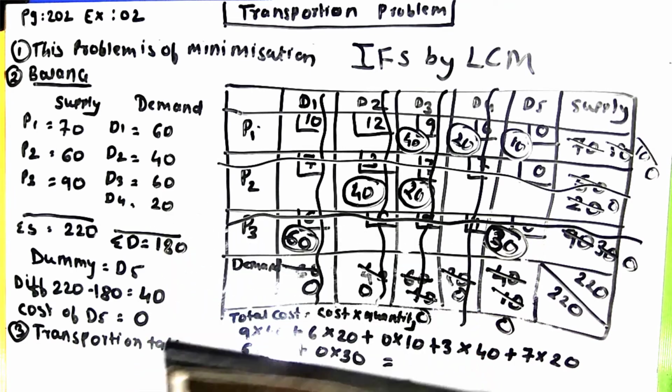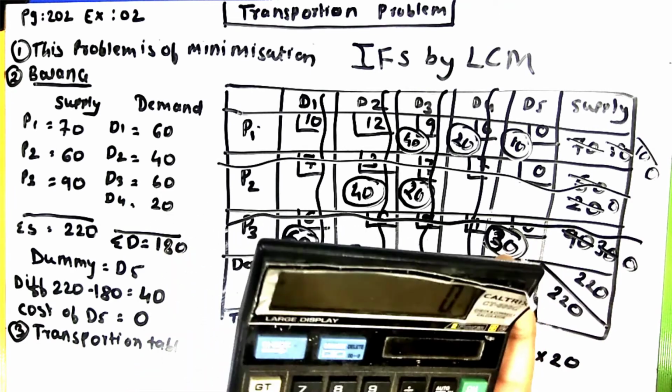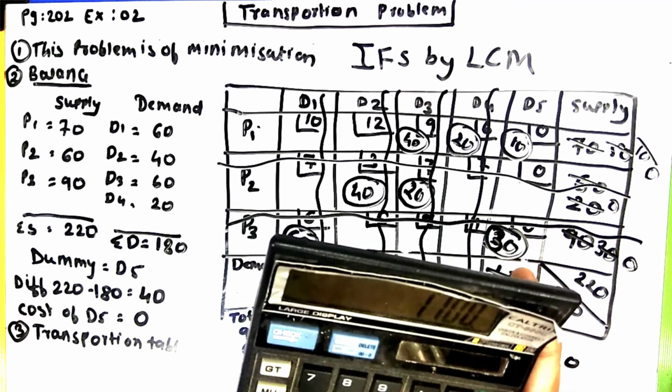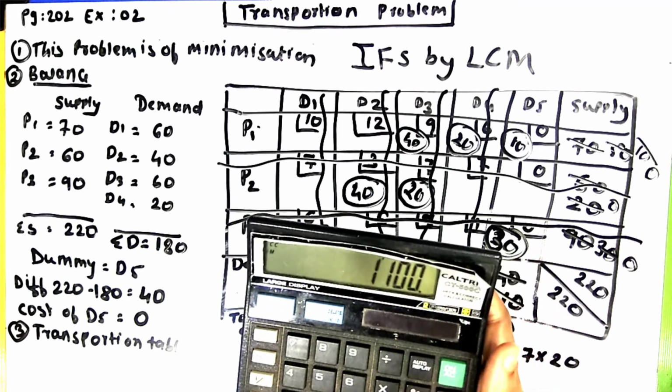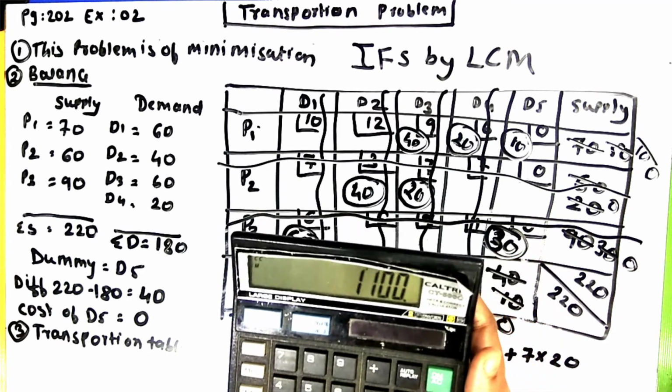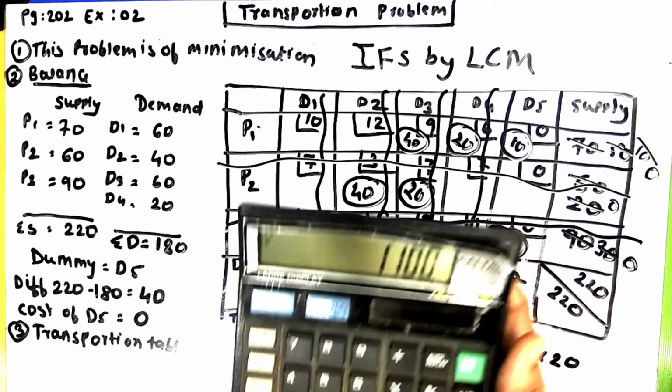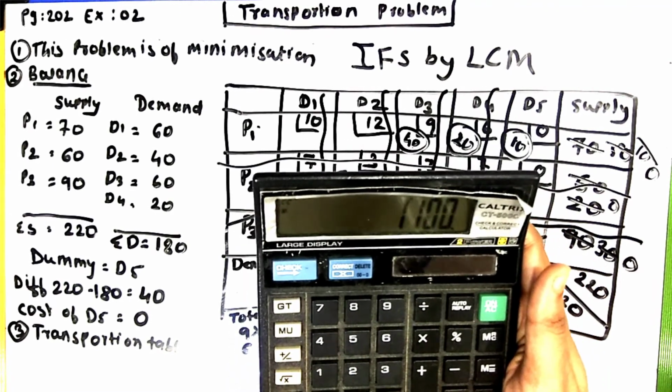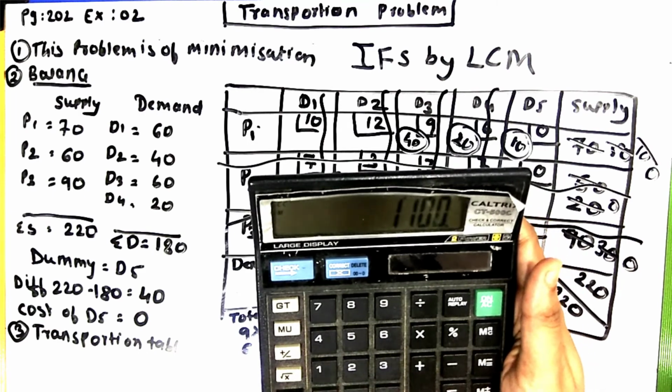Now after pressing our last M plus, we have to press MRC. So our total is 1100. So we have to write our last total as rupees 1100.